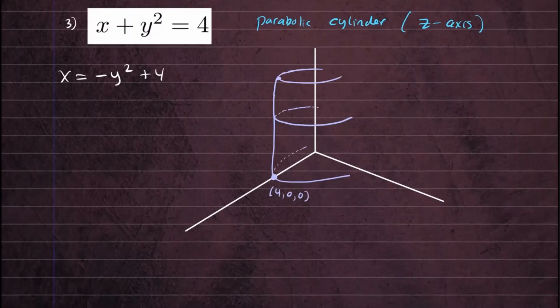So hopefully you can see where this is going. So this is what we're creating along the z-axis, a cylinder. So I'm going to try to just connect them and give you a better look at this picture. So something like that. And then here we have the back of the cylinder. Of course, this is going to continue on in both the positive and negative z-axis. But just to give you an idea how this looks, that is the shape created by parabolas.